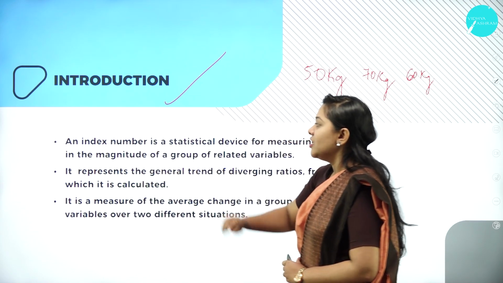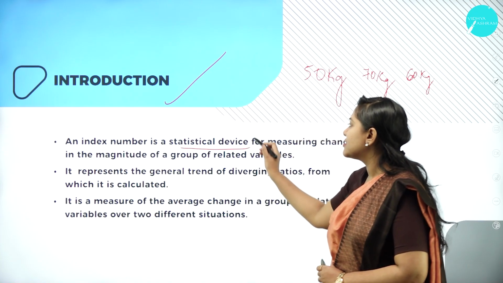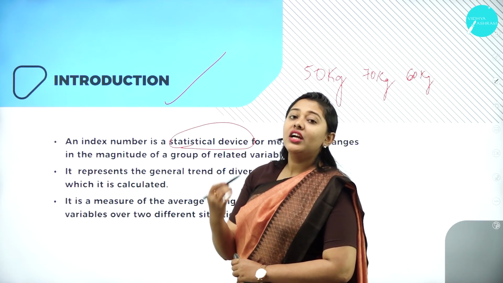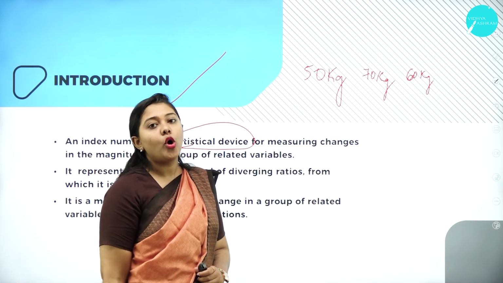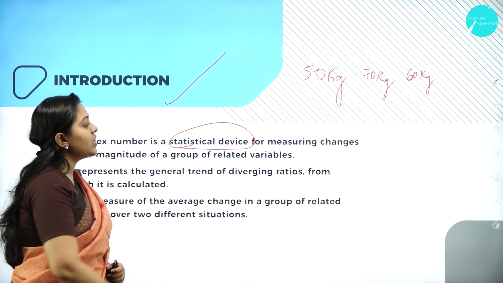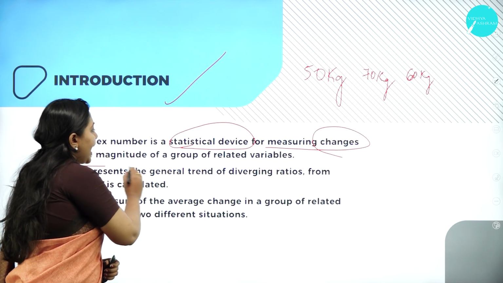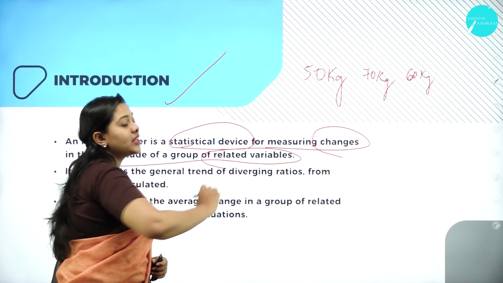So what is an index number? It is a statistical device. As I have told you, in our statistics, a very important technique that we have is index number. It is a measuring device for measuring the changes in the magnitude of a group of related variables.